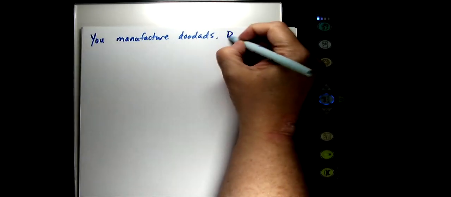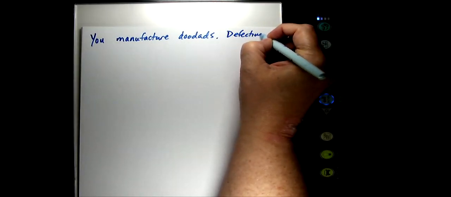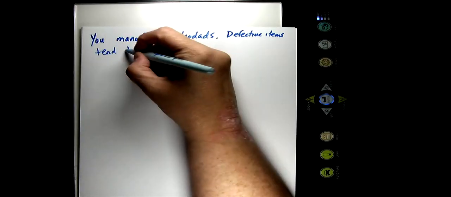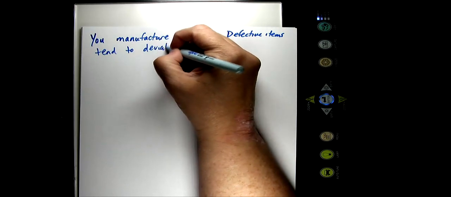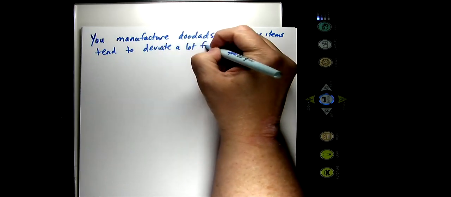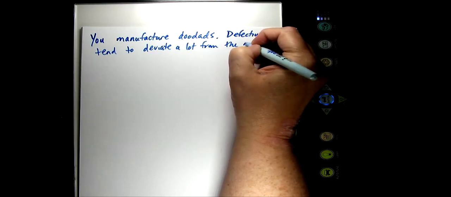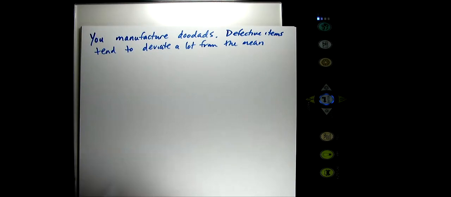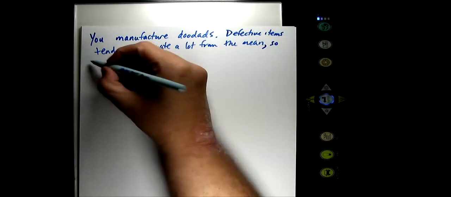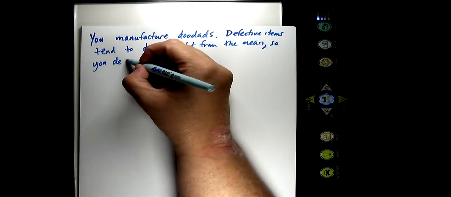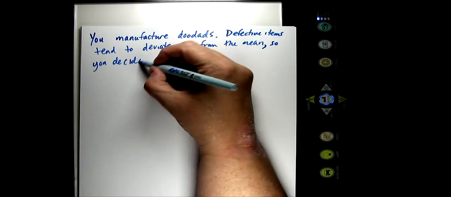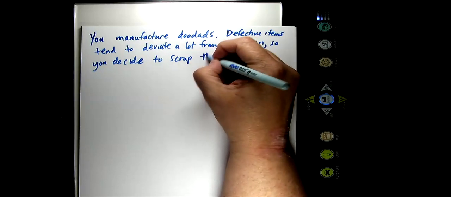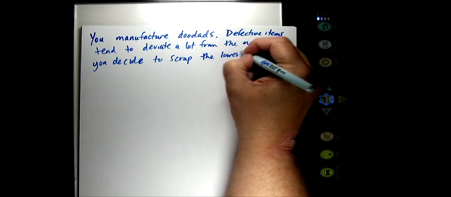You manufacture doodads. Don't ask what a doodad is, whatever you want it to be. Now, defective items tend to deviate a lot from the mean. So you decide to scrap the lowest and highest 10%.